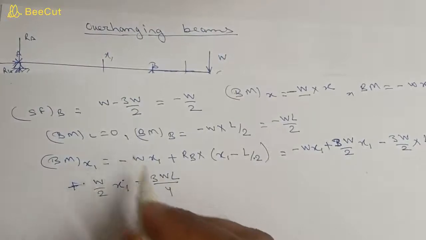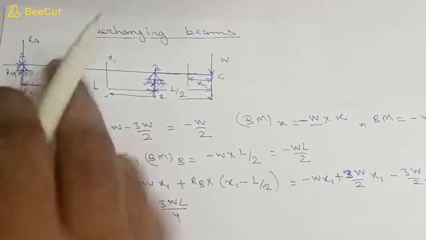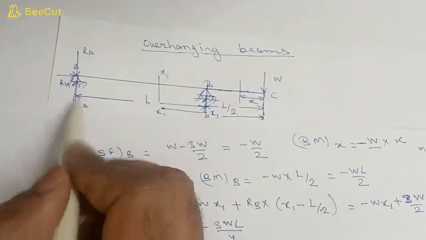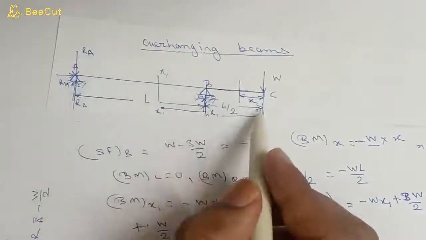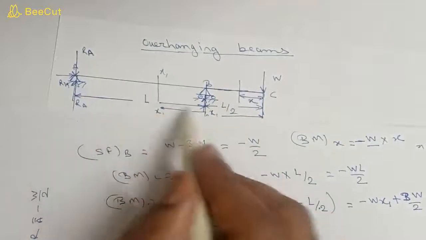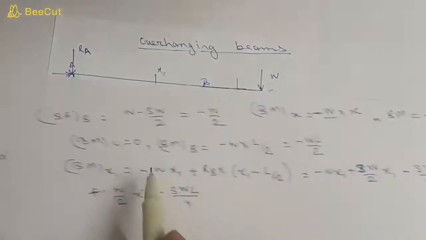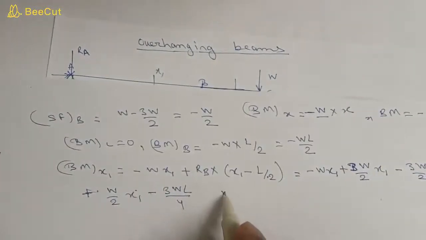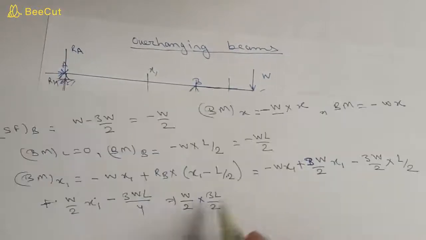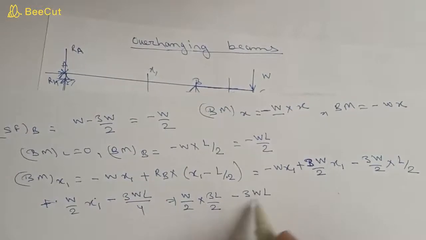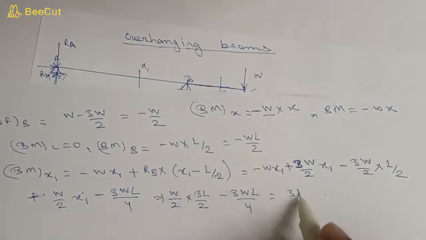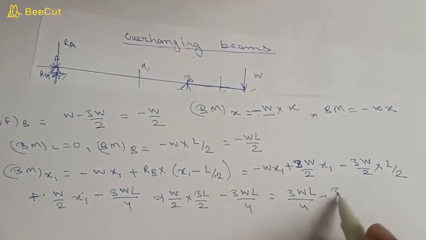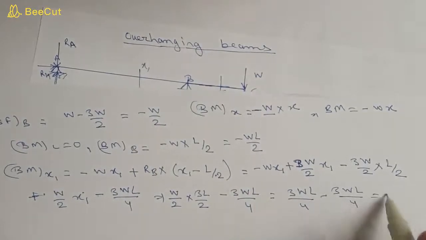So bending moment at A, where x1 will become L plus L by 2, that is 3L by 2, becomes W by 2 into 3L by 2 minus 3WL by 4. So it will become 3WL by 4 minus 3WL by 4. It will become 0.